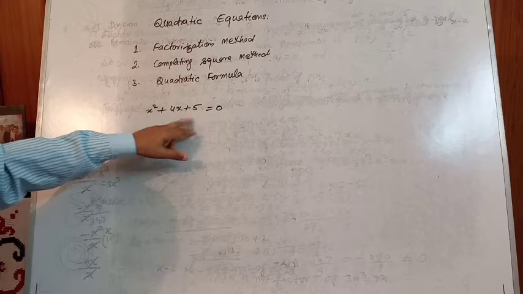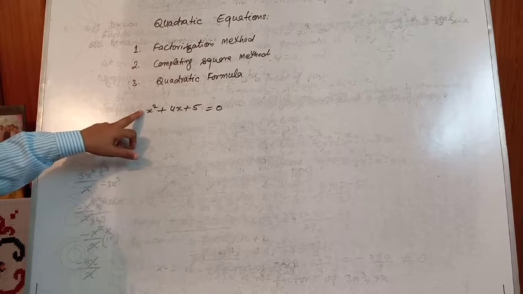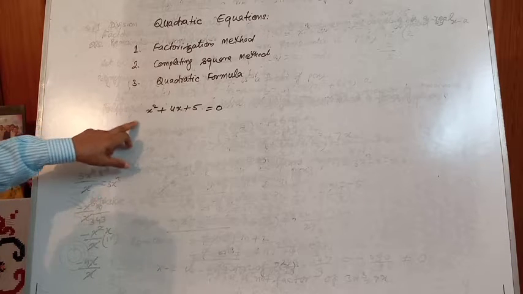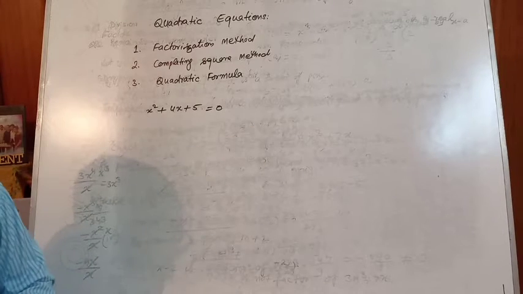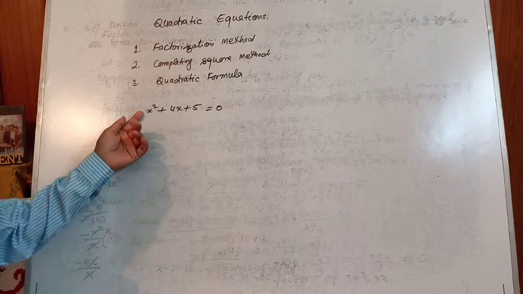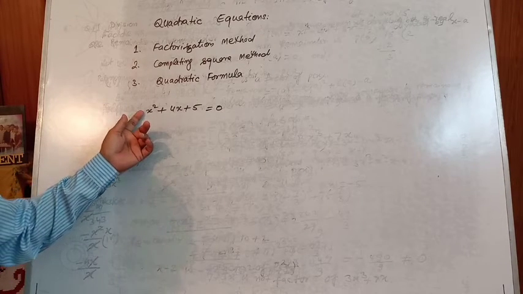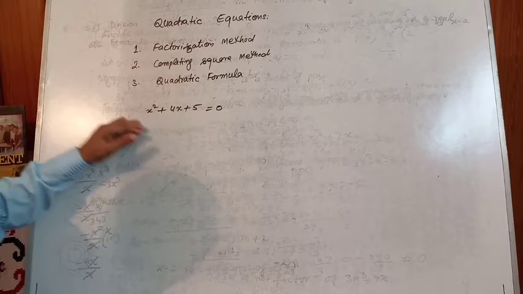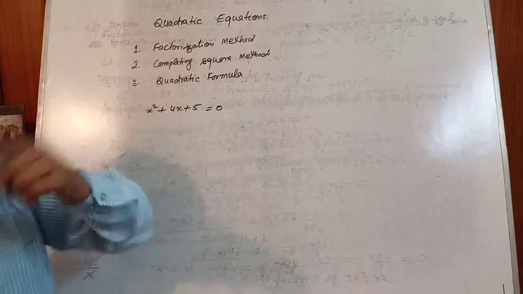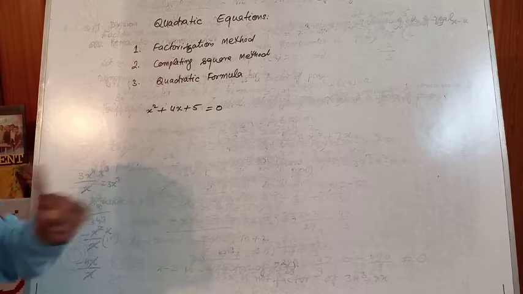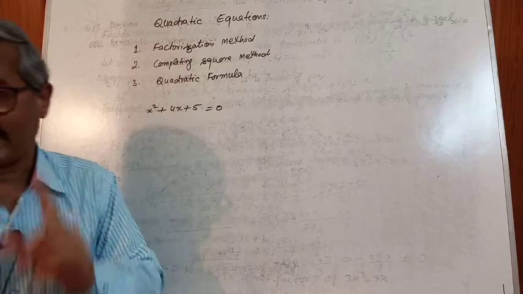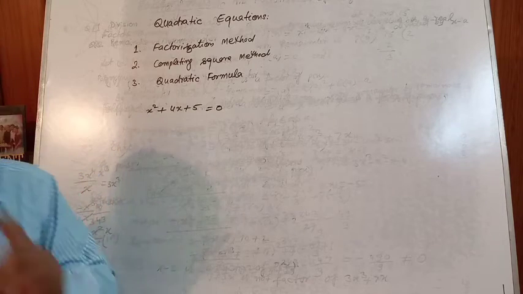Here first, if there is a coefficient of x square, then divide the whole equation by that coefficient, because here we always want the coefficient of x square to be 1.